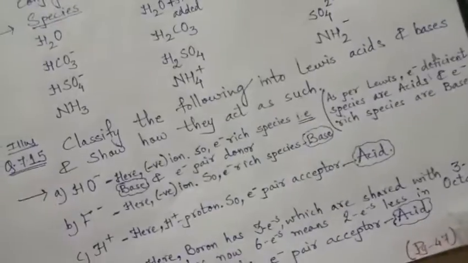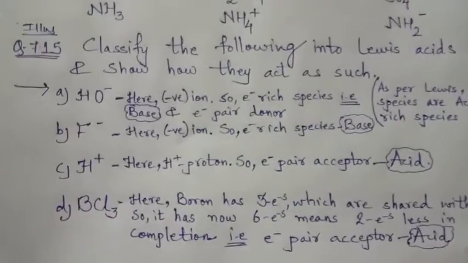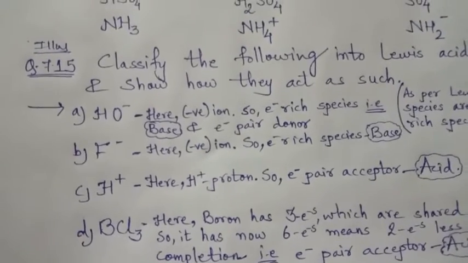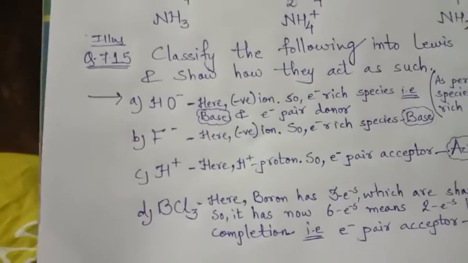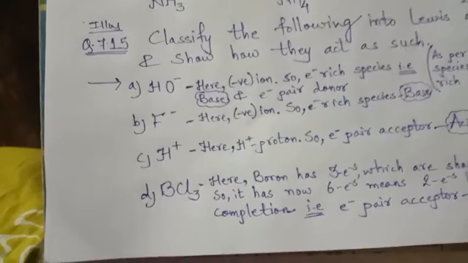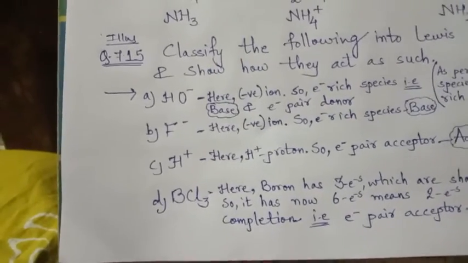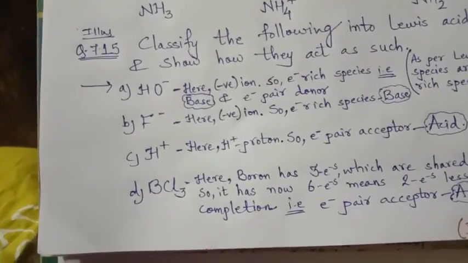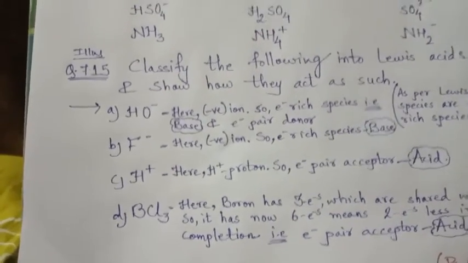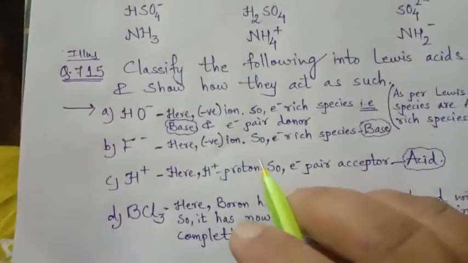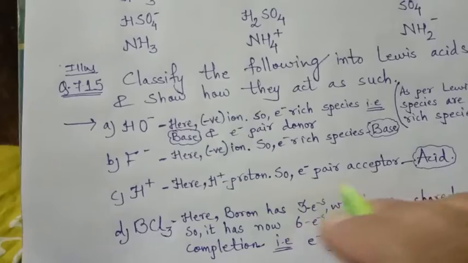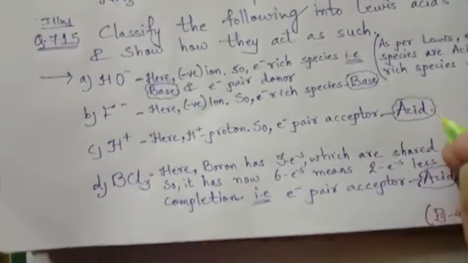The next is F minus. F minus means a negative ion, so it is an electron rich species, that is a base. H plus is not having any electron, it is only a proton, so it is an electron pair acceptor, and that is the acid.